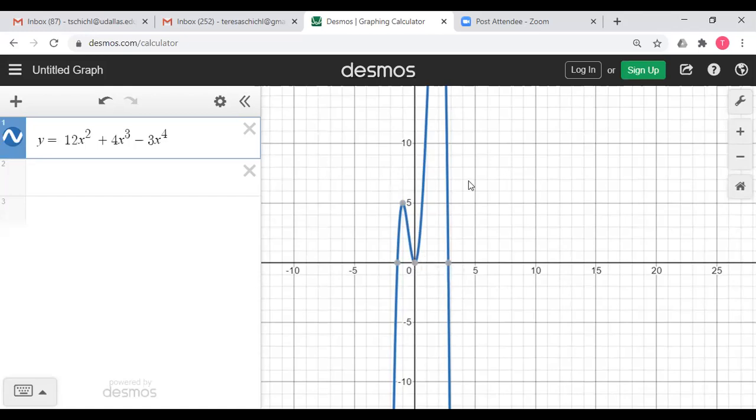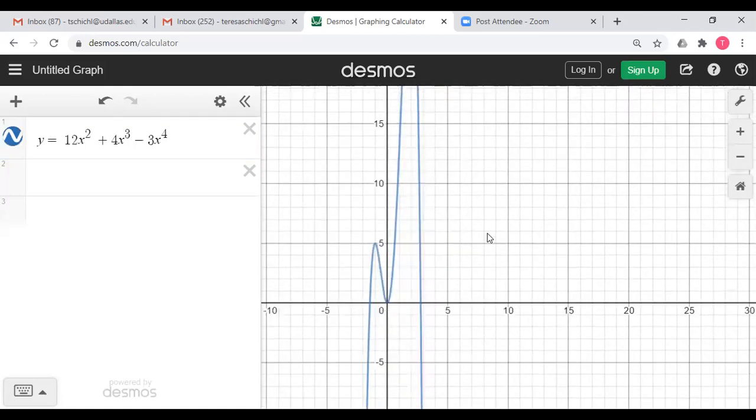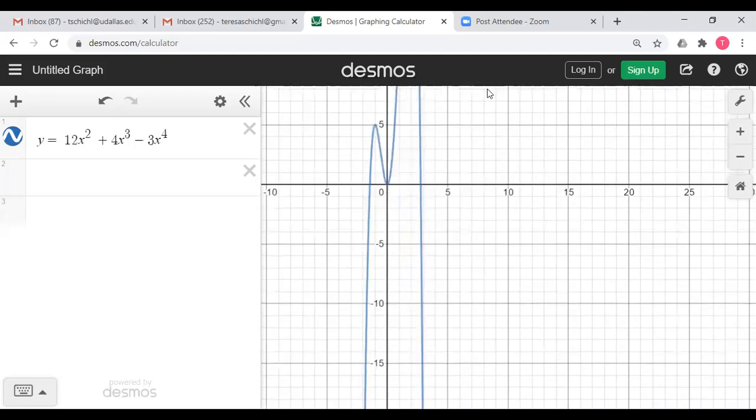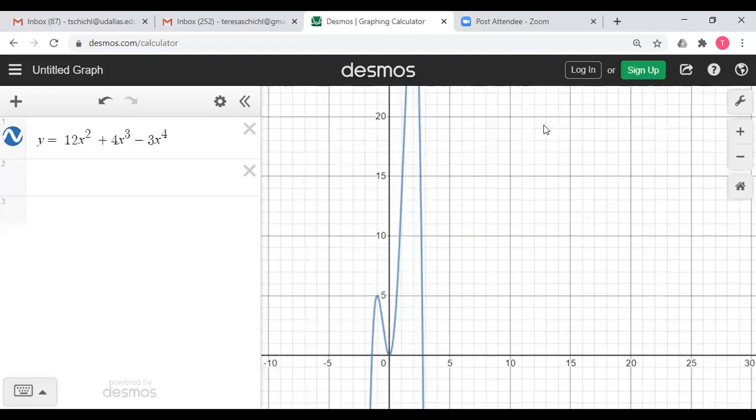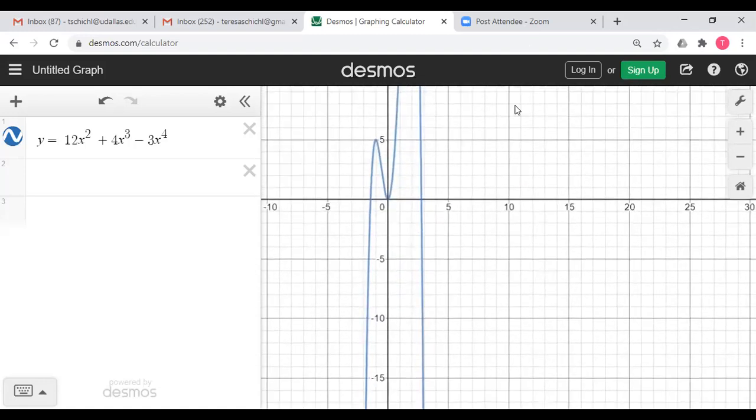Then you go all the way up again, so it's increasing from 0 to 2. After 2, what happens? It's decreasing, boom. So decreasing will be from 2 to infinity.